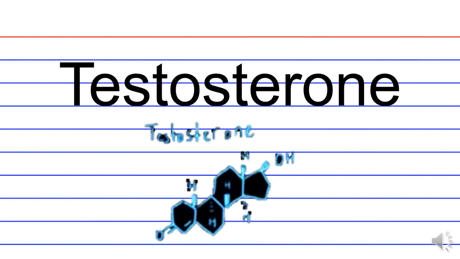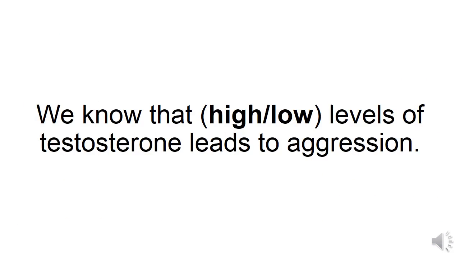So testosterone is produced in the testes in men, and for women it's produced in our ovaries, okay? We know that high or low levels of testosterone leads to aggression. And when I say high-low, I mean circulating in the bloodstream. So what would this be, high or low?